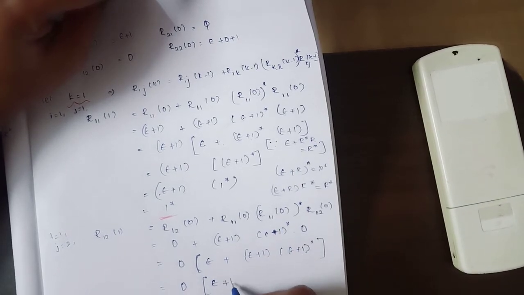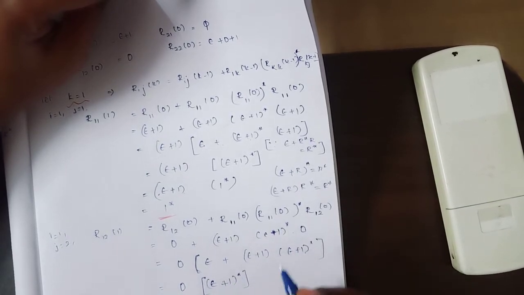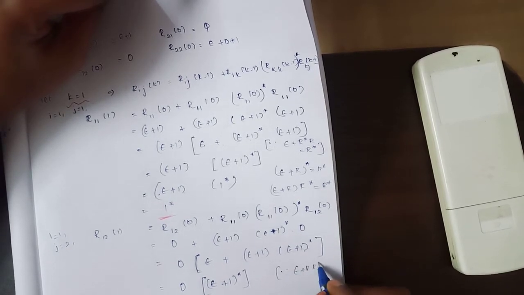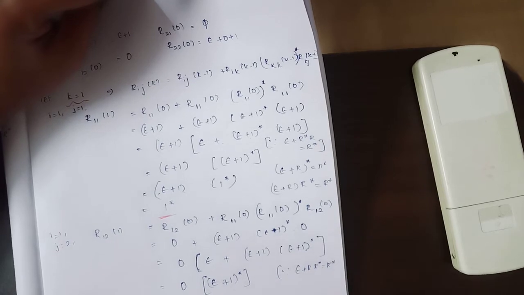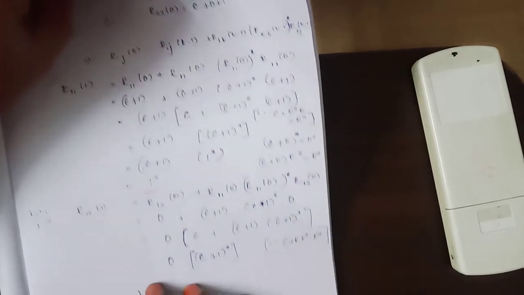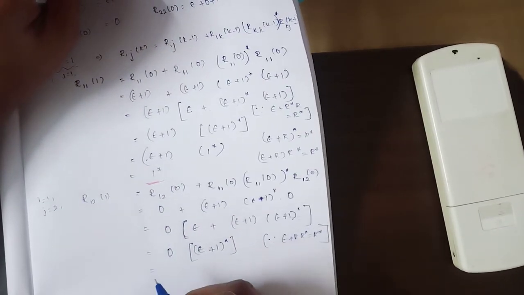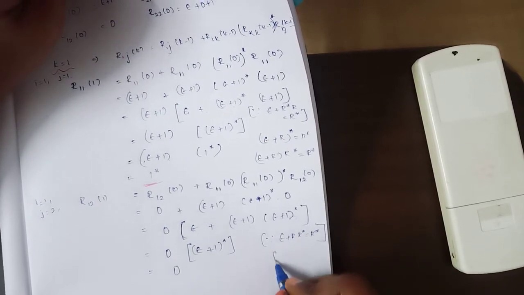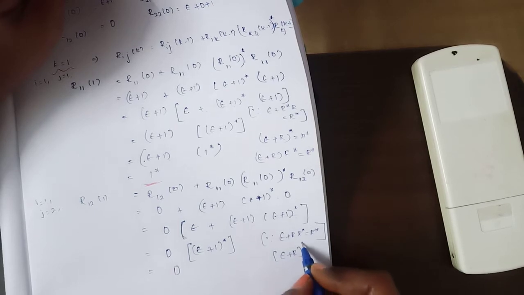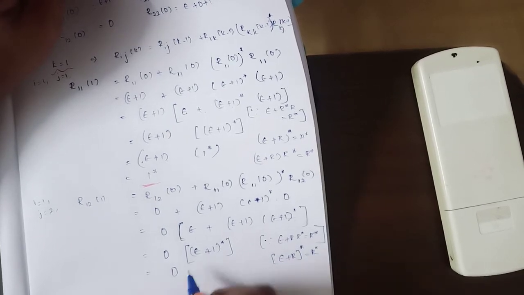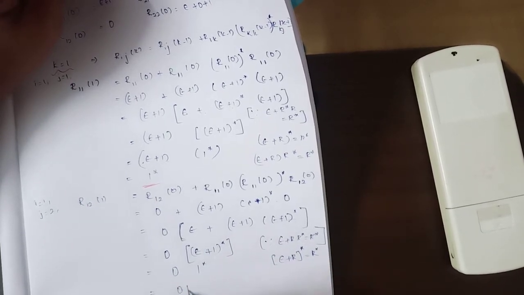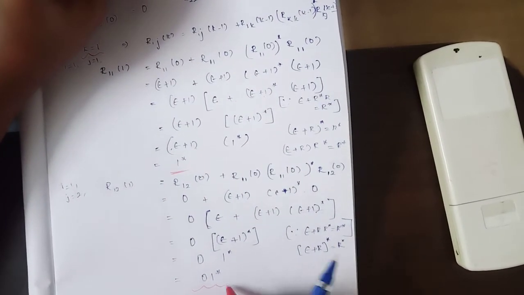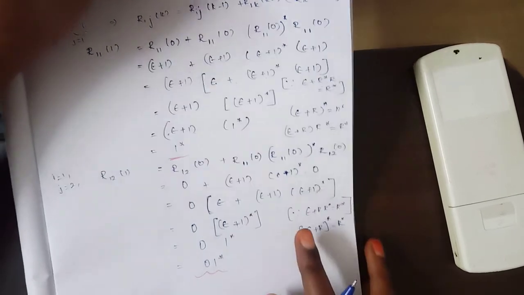So epsilon plus 1 the whole closure. Since epsilon plus r into r closure equals r closure, this formula is applied over here. After that we have epsilon plus r, and the formula is epsilon plus r the whole closure equals r closure. So this is 0 1 closure. So this is the way it is solved, right?